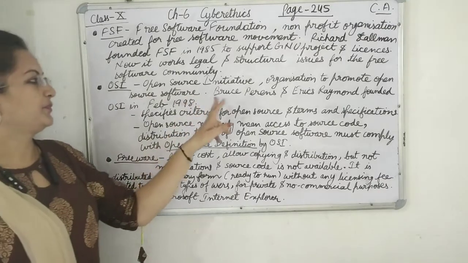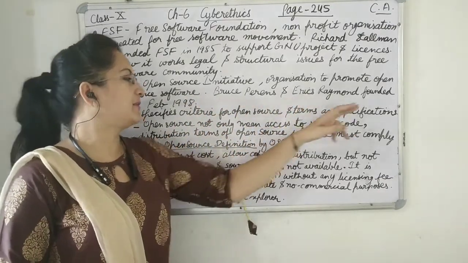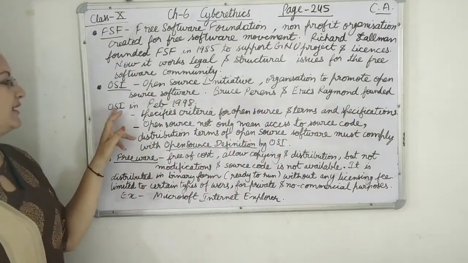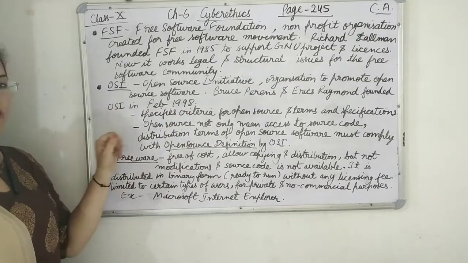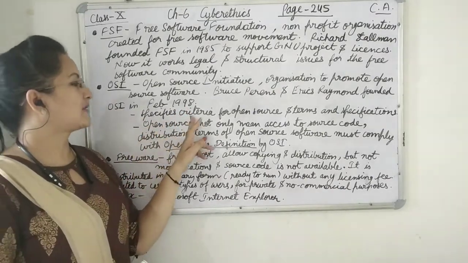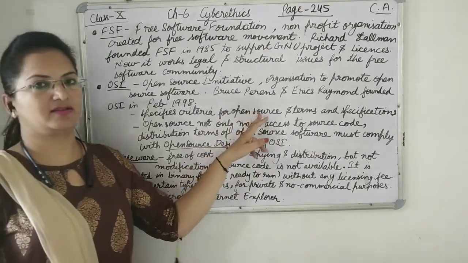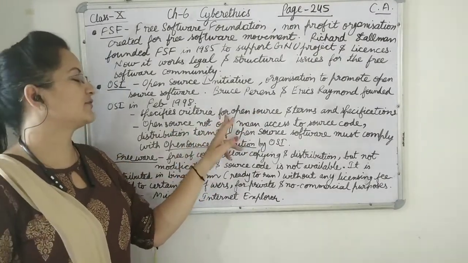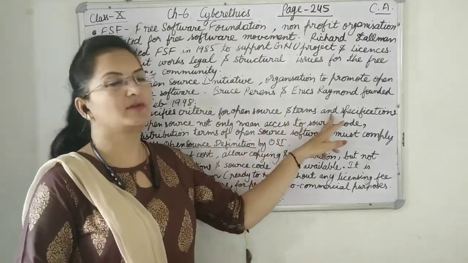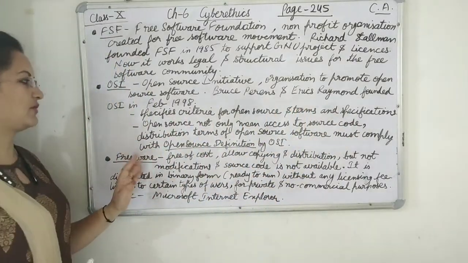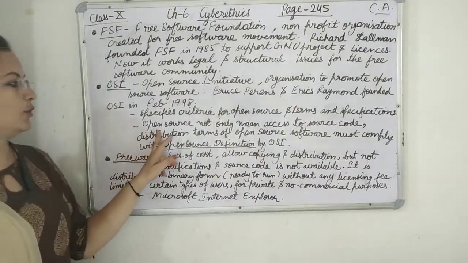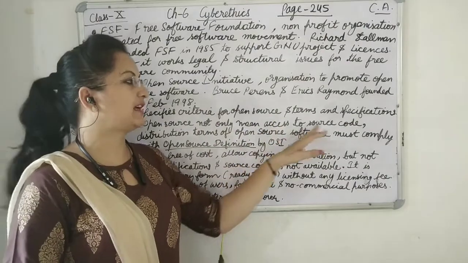Here Bruce Perens and Eric Raymond founded this OSI in February 1998. It specifies the criteria for open source, and the terms and specifications of open source software. Now here, open source does not mean only access to the source code.